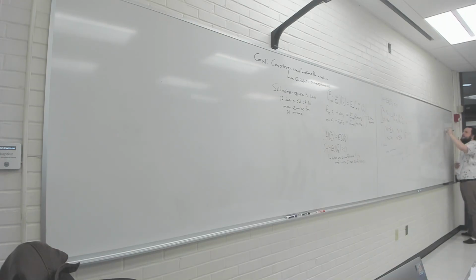So for H2, our guess is 1sa plus 1sb, right? An s at the A atom and one at the B atom, or one or two, however you want to think about it. This is two atomic orbitals.